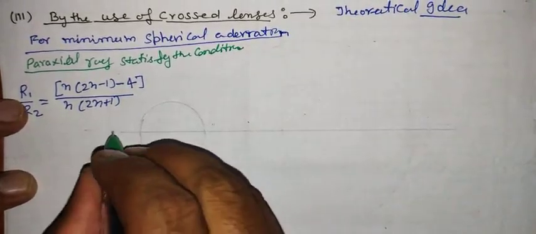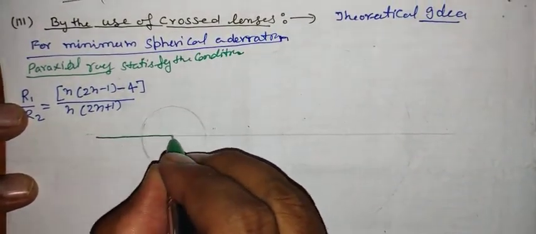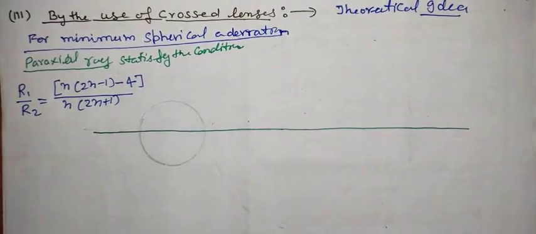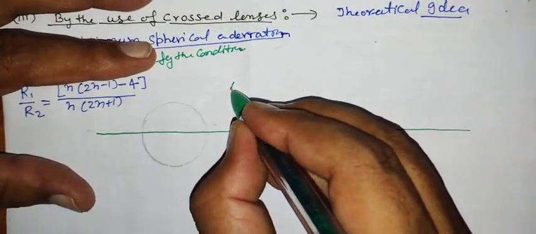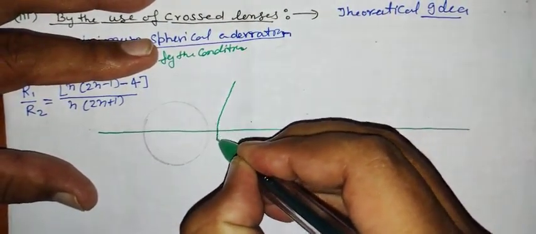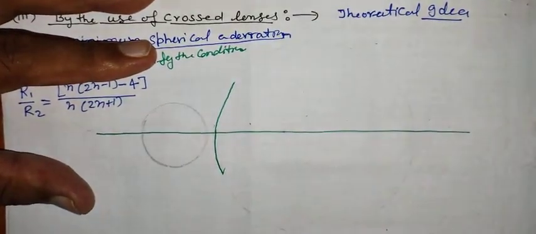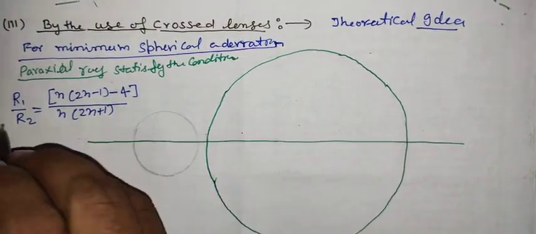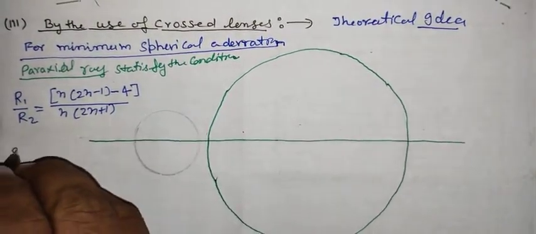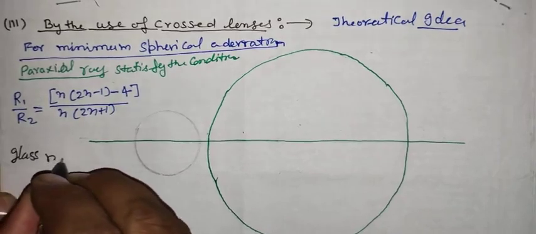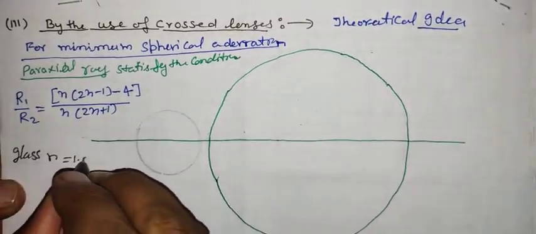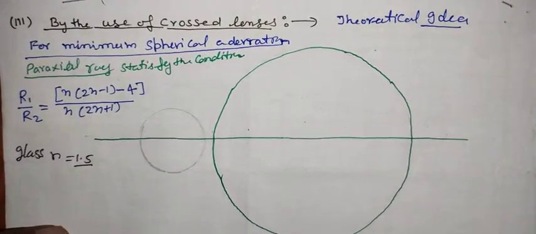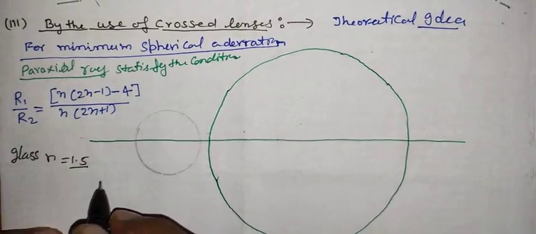a crossed lens, the concept of the crossed lens here. Let this be the line of the principal axis, and here consider a lens. Before making a lens, first of all, if we take a glass having refractive index 1.5, normally we know the refractive index of either flint glass or crown glass lies around 1.5.